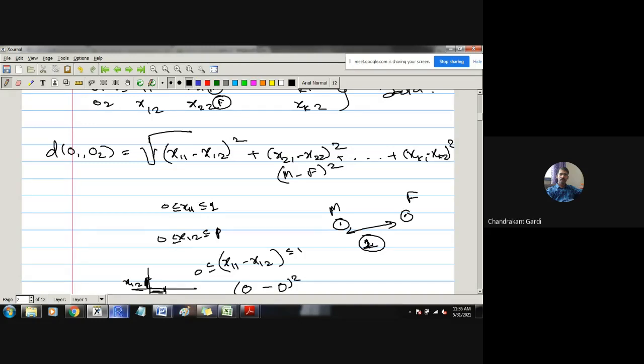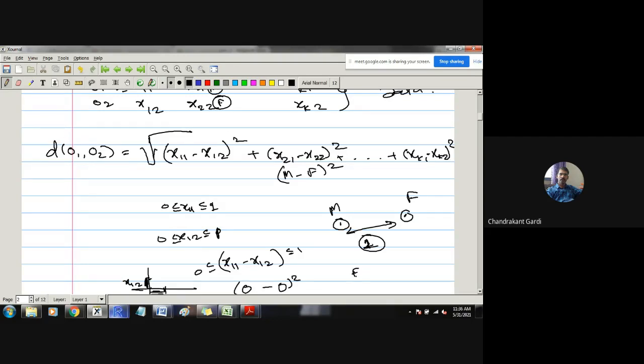So whenever in a particular categorical variable there are only two possible values, in that case this difference is taken to be 1. The difference between male and female will be taken to be 1.